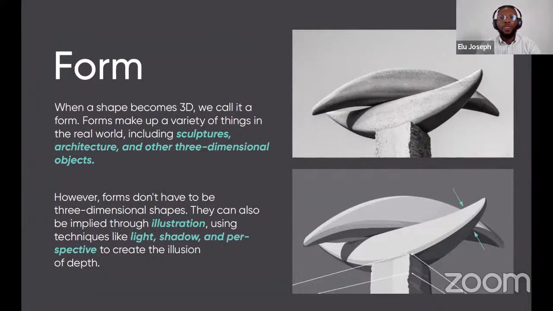Then we talked about form. And I told you how form can either be 3D or illustrated. So what form does is it helps a shape become three-dimensional, right? And any sculpture or architecture has form.